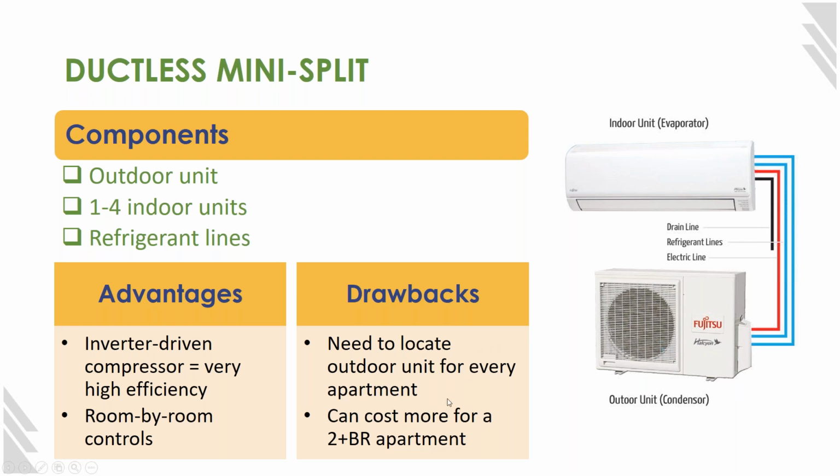Another drawback is that sometimes when we're dealing with an apartment with lots of bedrooms, let's say a 3-bedroom or 4-bedroom or 5-bedroom, which I've seen on a few projects for family housing, the cost of these indoor units can add up. One thing that I've seen on a number of projects, particularly new construction, is they say, okay, we want to do these mini split heat pumps with the inverter-driven compressor outside.